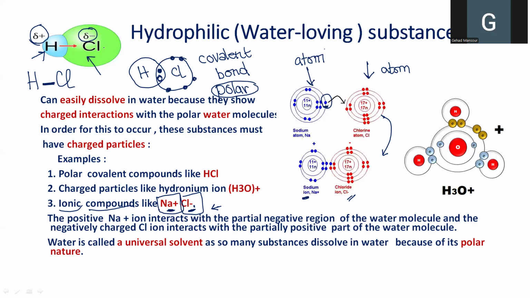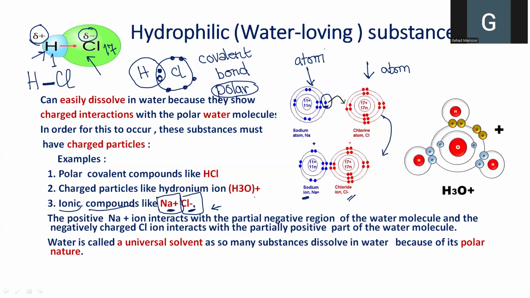The chlorine atom has 17 protons in its nucleus, whereas the hydrogen atom has only 1 proton in its nucleus. So hydrogen chloride is a polar covalent compound, and therefore it is a hydrophilic substance. On the next slide, we will see the relationship between carrying a charge, whether true or partial, and being hydrophilic.